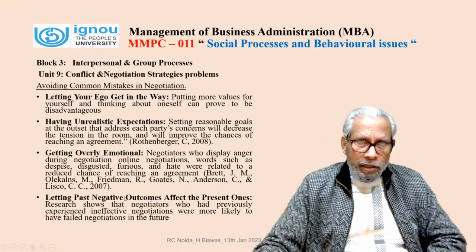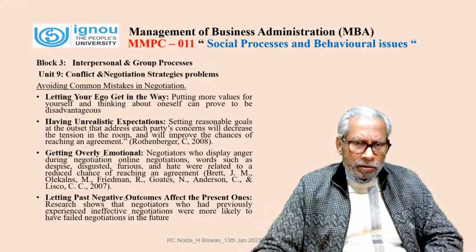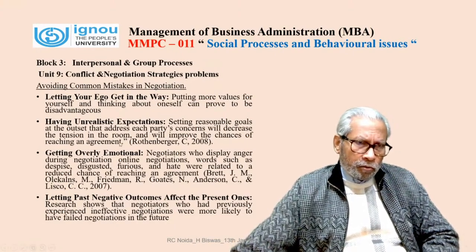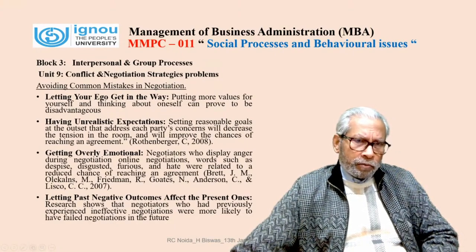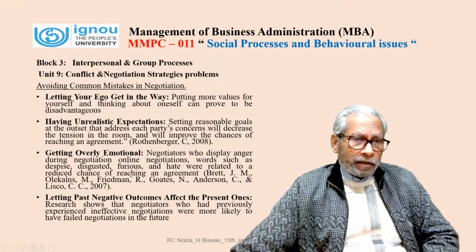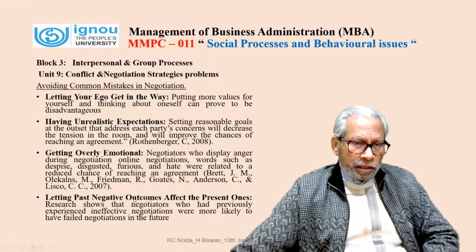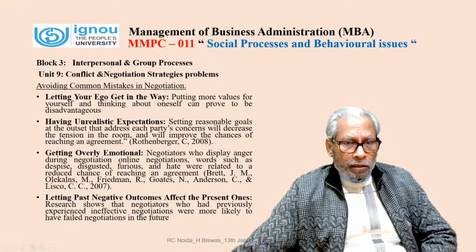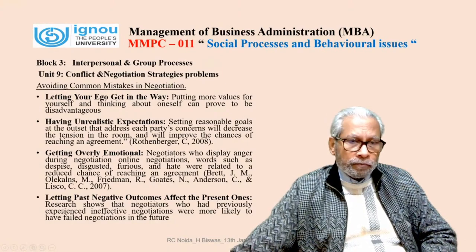So this is an area where we have to take care during negotiations. We should not be emotional, because otherwise it will be biased. Any biasing factors should be avoided. Past negative experience will also affect the present ones.